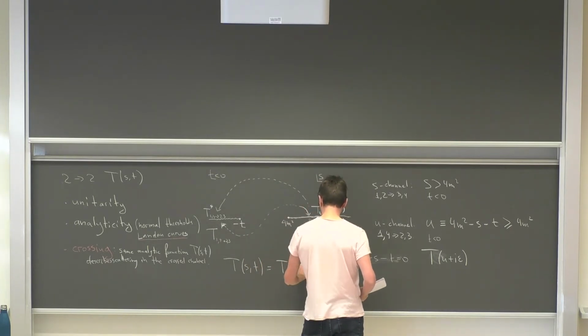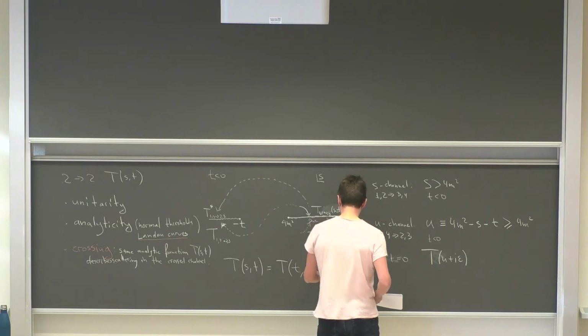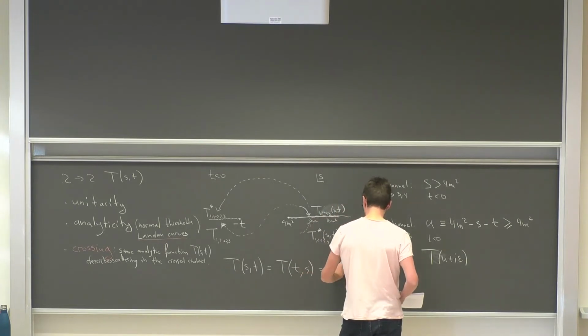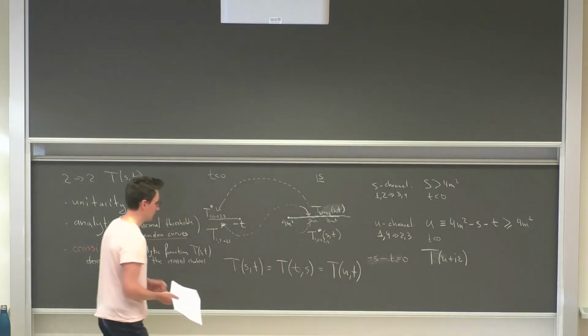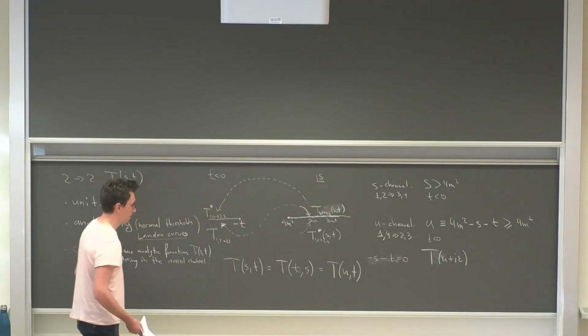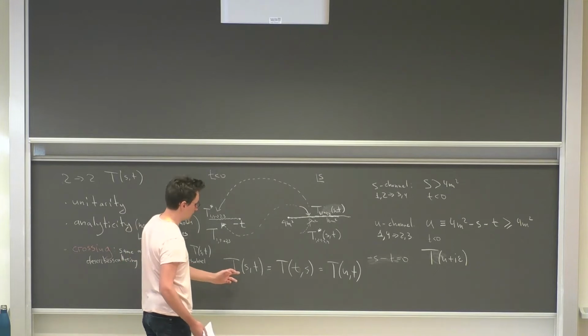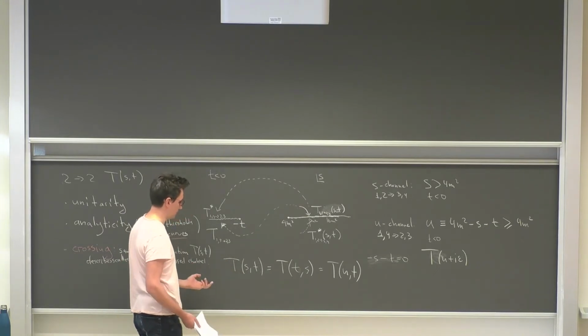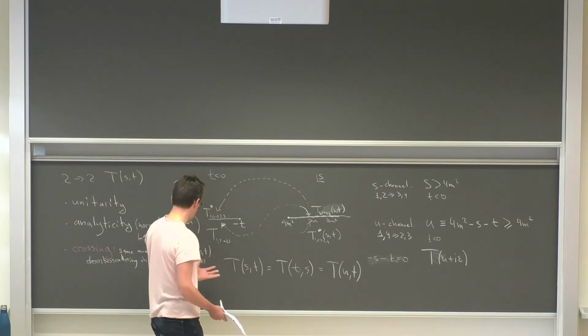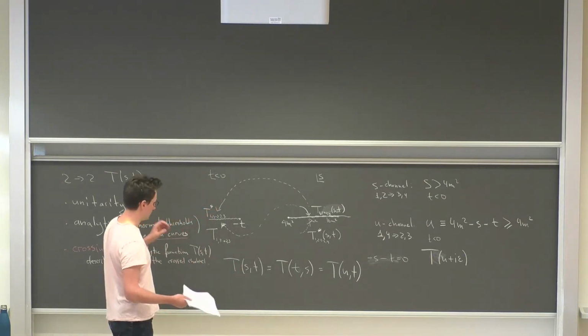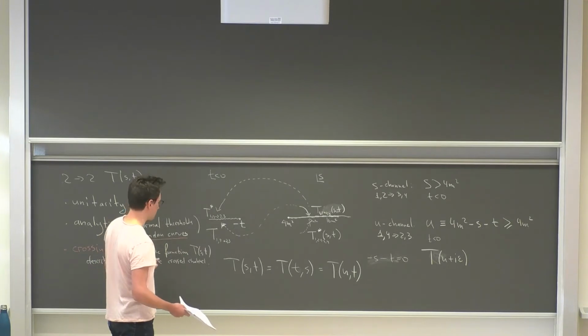Ts, T ut, so it is fully permutation invariant. Well, the real meaning of this is that if you want the actual meaning of crossing symmetry, usually it's a statement that there is a single analytic function that describes scattering in cross channels.